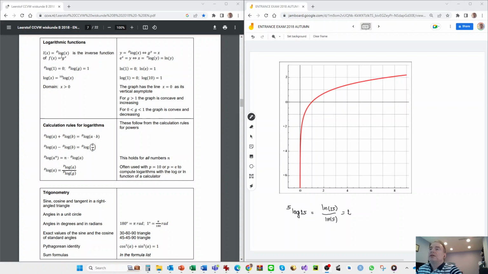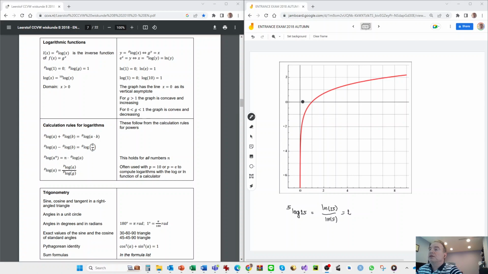As we saw from the example earlier, the g log of x is actually the inverse of g to the power x. And here are some basic properties. The domain is all positive values of x, and it has a vertical asymptote when x goes to 0 from above.